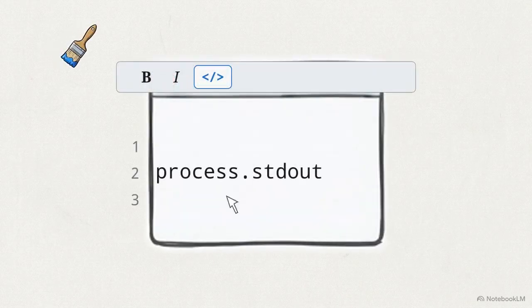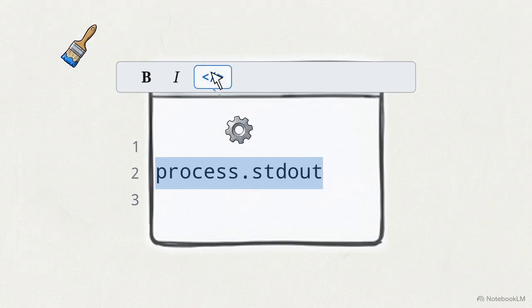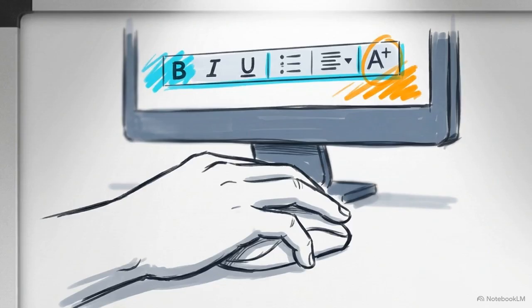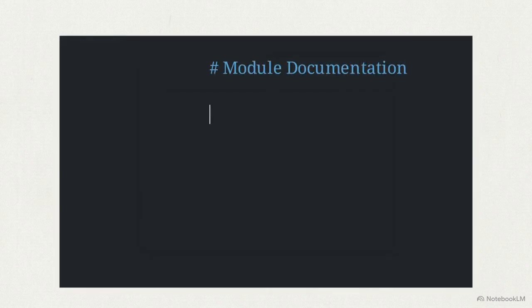When a user highlights a string of text and clicks the Code button, the toolbar reads the cursor location and automatically wraps the highlighted segment in the correct Markdown backticks. Non-technical users interact with familiar buttons, bold, italic, headers, without ever needing to memorize Markdown syntax. We can map complex structures just as easily.